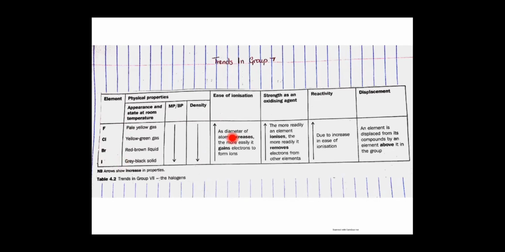And because the atom is smaller, making it easier to become an ion, the ones higher up in the group, fluorine and chlorine, are much stronger oxidizing agents in comparison to bromine and iodine. It becomes an ion easier, so it's going to oxidize, remove electrons from other compounds, more easily. Are we understanding that so far?